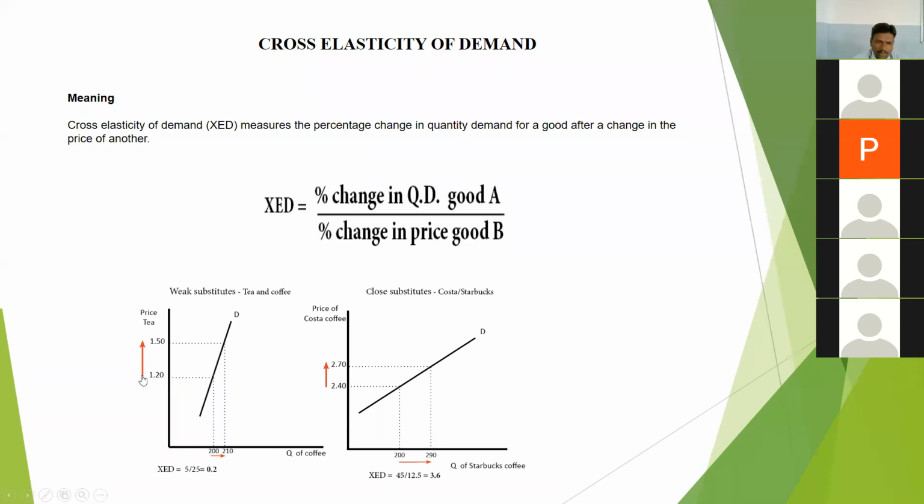So now a 25% change in the price of tea, I mean an increase in the price of tea, a 25% increase in the price of tea has reflected a 5% increase in the quantity demanded for coffee. I'm just taking an example. It may differ from time to time. For example, in summertime, it won't change much.